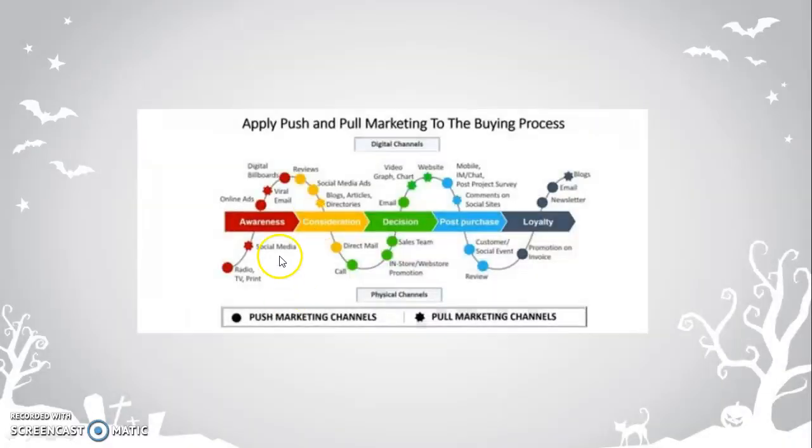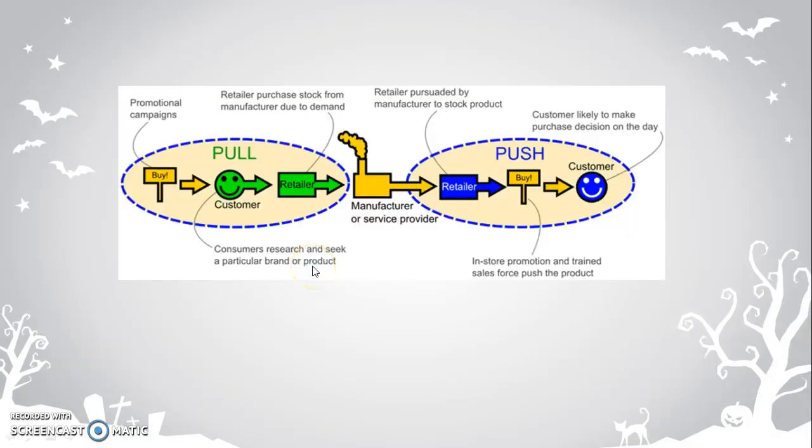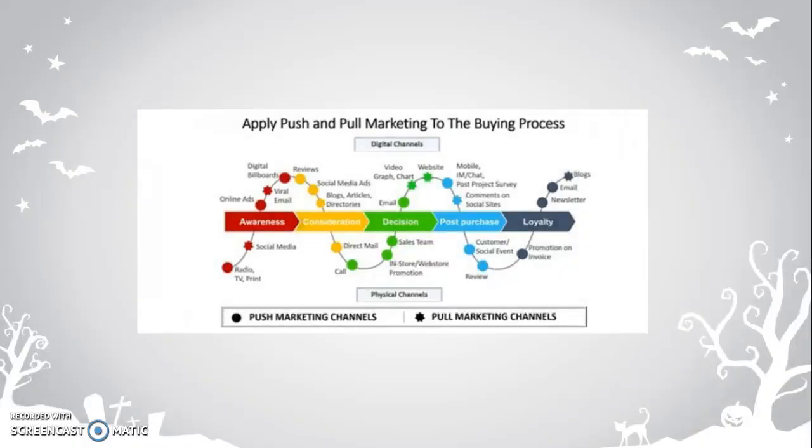Okay, let's go on to consideration. The push method goes from the manufacturer to the customer. We have direct email, social media ads, and reviews. On the pull method, we have blogs, articles, directories, and so on.